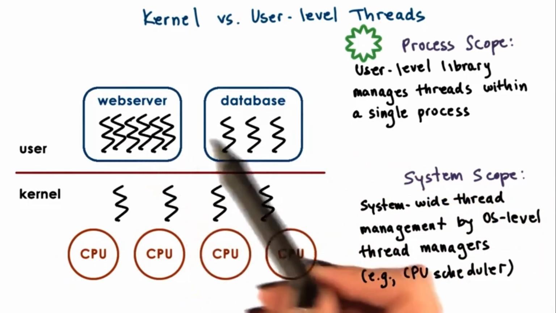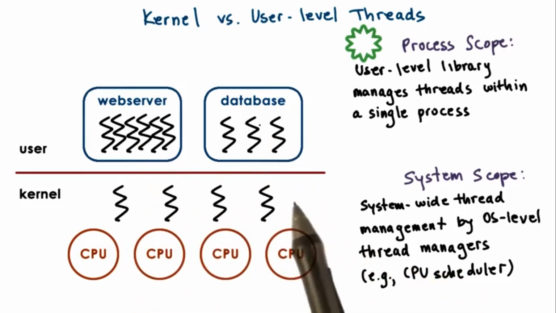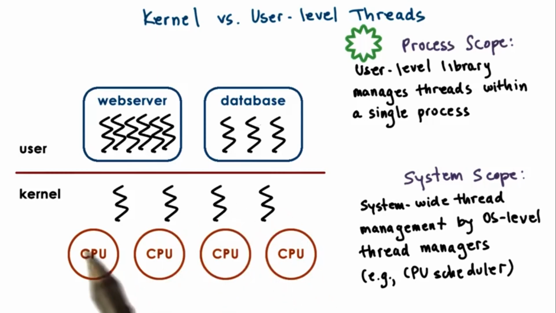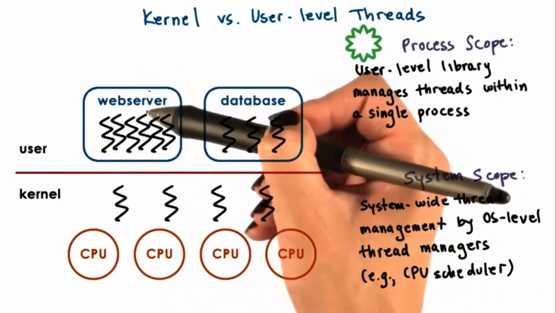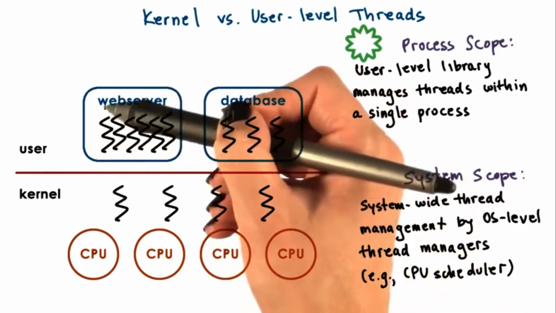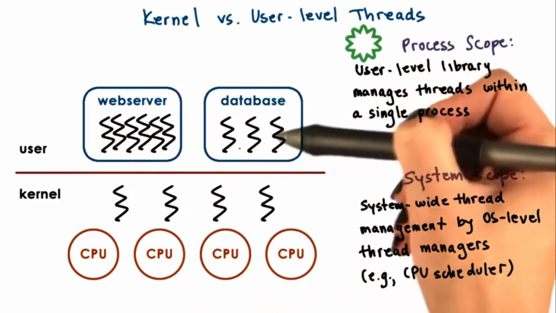That means that both the web server and the database will be allocated an equal share of the kernel-level threads, so 2 each, and then the OS-level scheduler will manage these threads by splitting the underlying CPUs amongst them. The end result, however, is that the web server's user-level threads will have half the amount of CPU cycles allocated to the database threads.